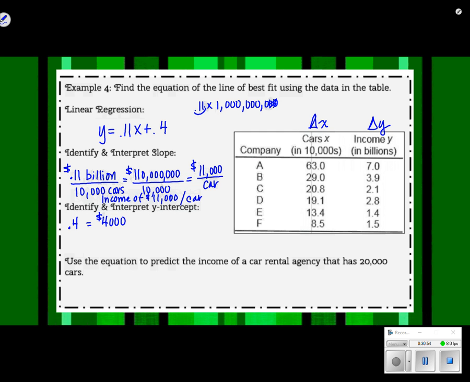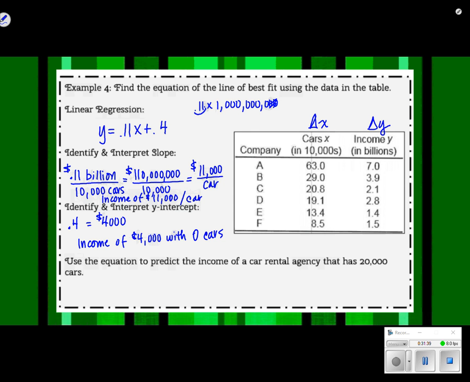So we're going to have an income of $4,000 with 0 cars to rent. I don't know how that works, but that seems to be what the idea is. But 4,000 in comparison to what we're dealing with, billions of dollars, $4,000 is nothing in comparison to $7 billion. So it's close to 0.